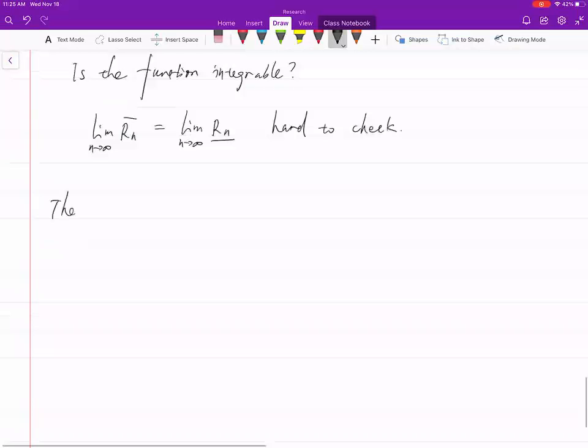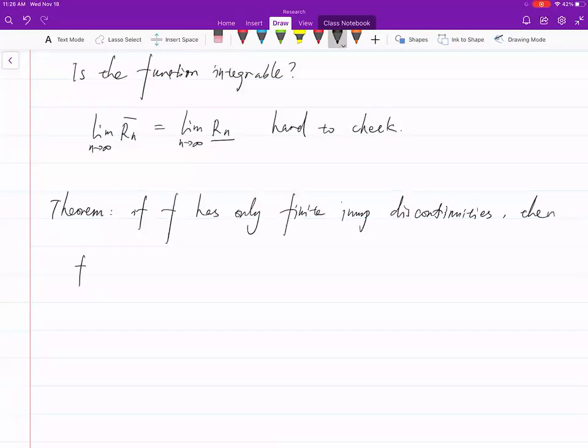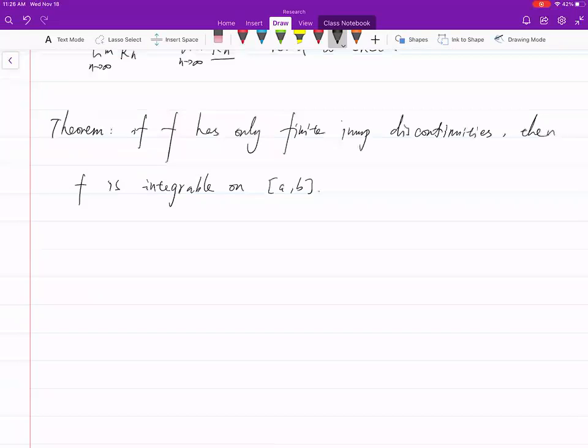The answer is a big yes, and even better: if f has only finite jump discontinuities, then f is integrable. Finite jump. Those are the two keywords.